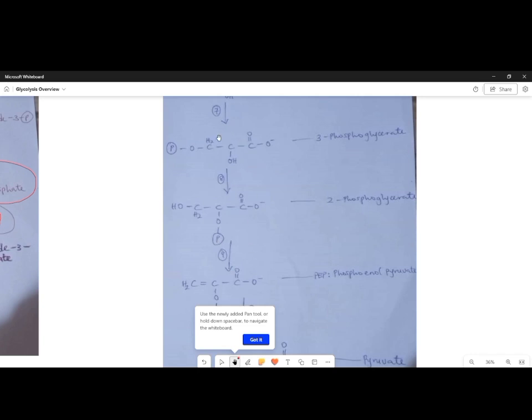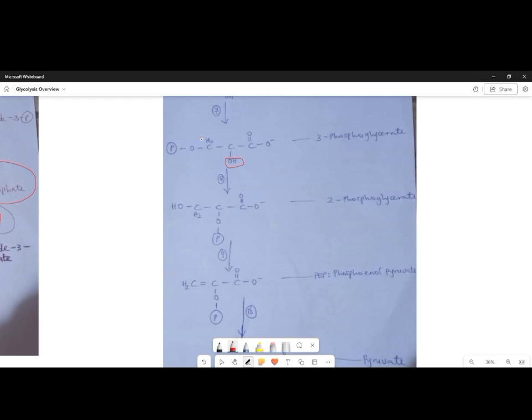So you notice in this 3-phosphoglycerate, from step 7 to step 8, at carbon 2 you have an OH group attached here.